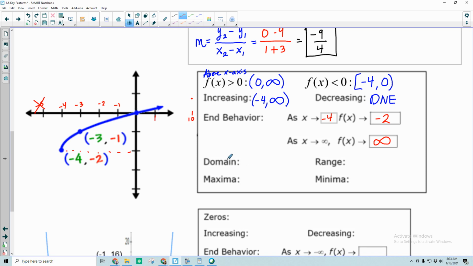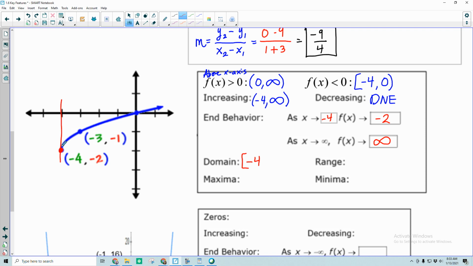All right, and then lastly, let's find domain, range, and maxima and minimas. Get rid of all this stuff. Domain, that's how far to the left my function goes. It looks like that's the farthest to the left it goes, and we're getting my values from the x-axis, so that would be -4. Should I use brackets or parentheses? Definitely brackets, because I want to include that point. It has a closed dot.